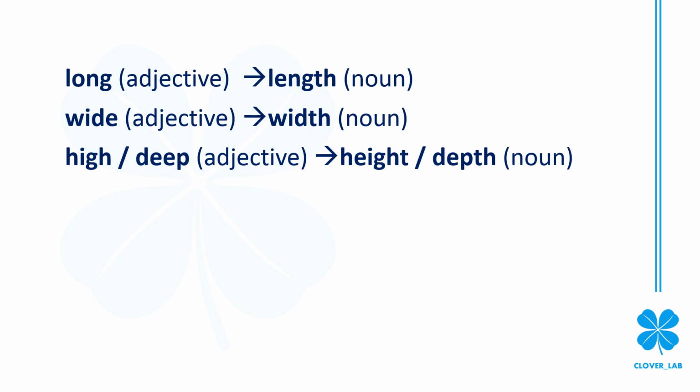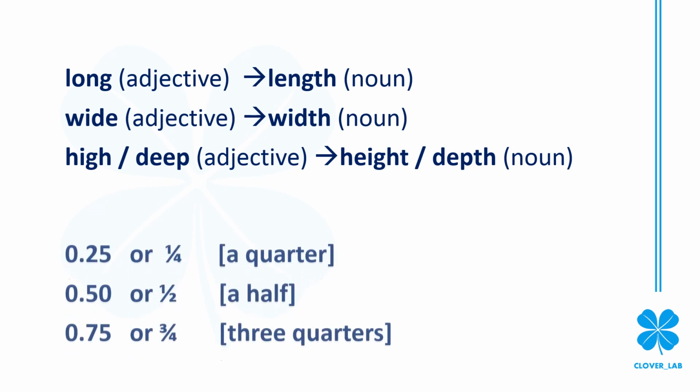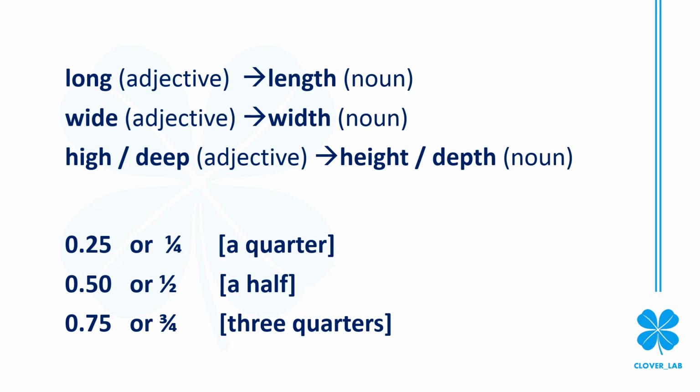It can be useful to learn some common proportions as well. For example, 0.25, you can say it as a quarter, 0.50 as a half, or 0.75 as 3/4. Now, let's turn to questions 6 and 7.